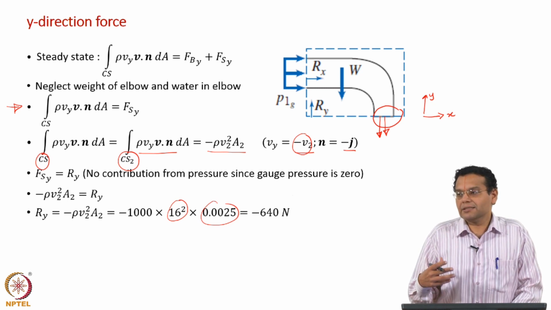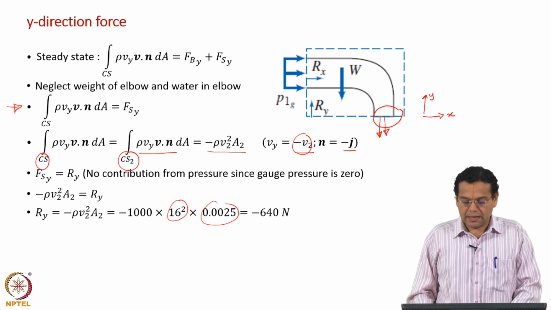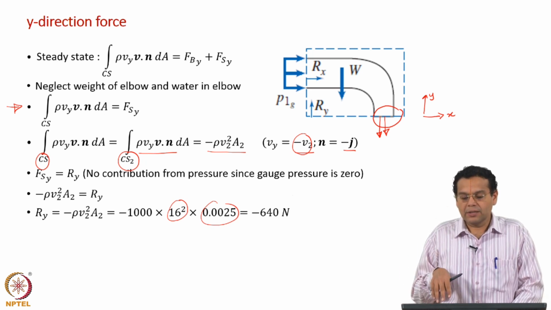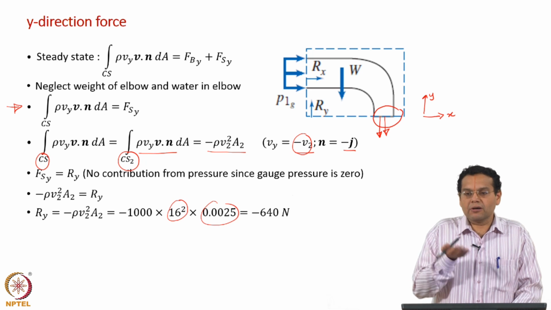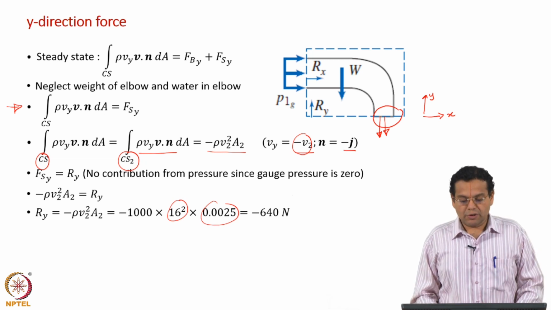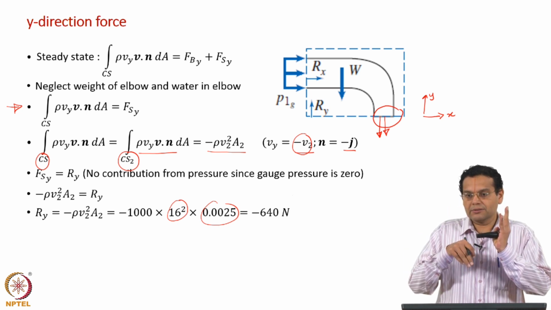Because of the gases, of course high velocity and so on, there is a thrust on the rocket in the upward direction, and similarly here, because of water flowing out of the tap or this elbow, there is an upward force on the tap. So, the y component of the force exerted by the flange should be pointing downwards, okay.